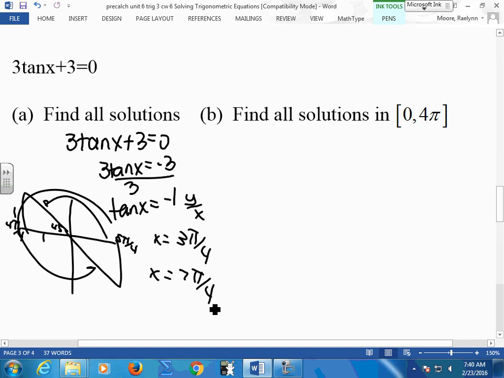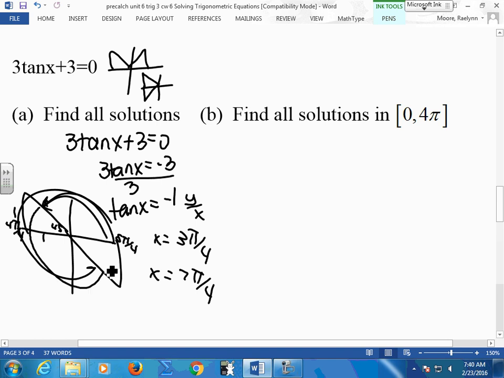Sine and cosine have been looking like this. You're going to get sine up here, or sine down here, or you're going to get cosine over here, cosine over here. They're never opposite each other. So we could technically say plus 2n pi, plus 2n pi, or we could take one angle and add what to it? N pi.